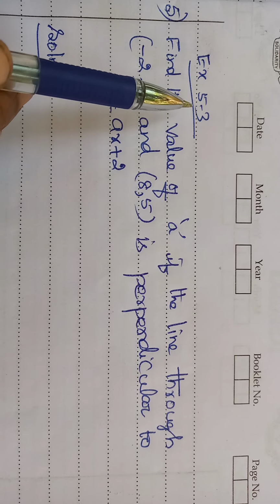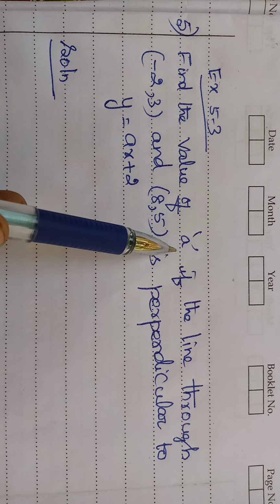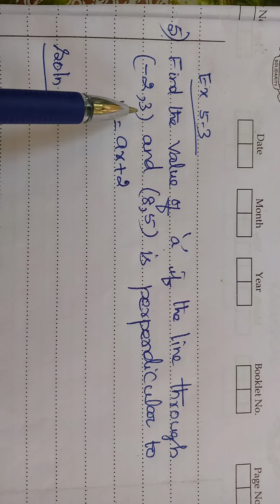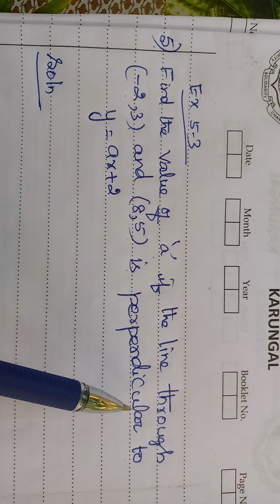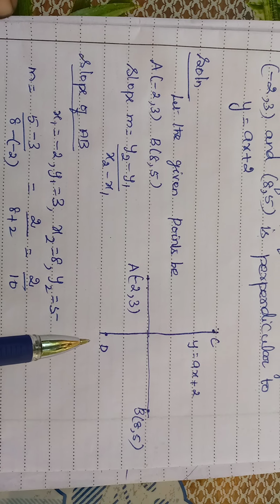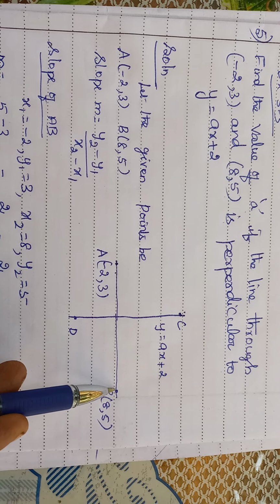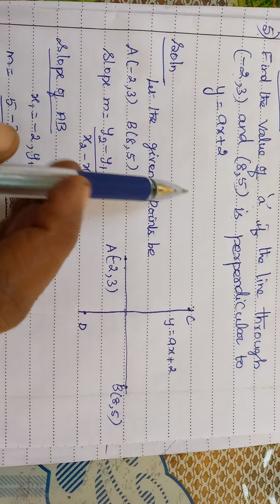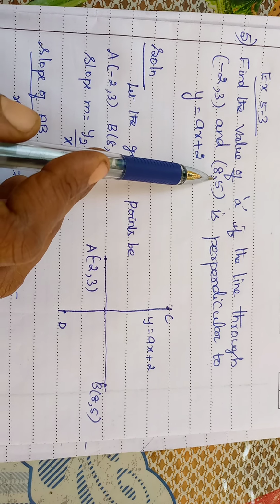Next question is exercise 5.3 question number 5. What is the question now? Find the value of a, if the line through minus 2 comma 3 and 8 comma 5 is perpendicular to y is equal to ax plus 2. Let us draw a diagram for understanding. So draw the line through the given 2 points minus 2 comma 3 and 8 comma 5.